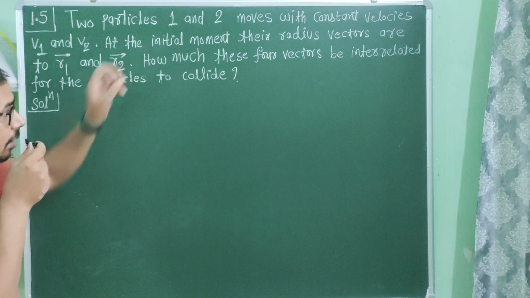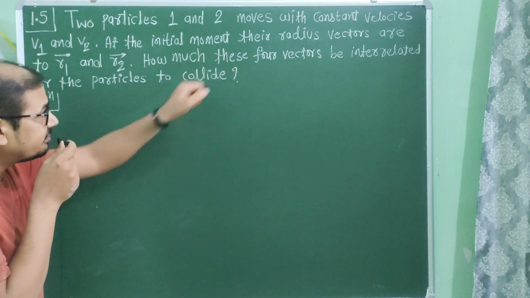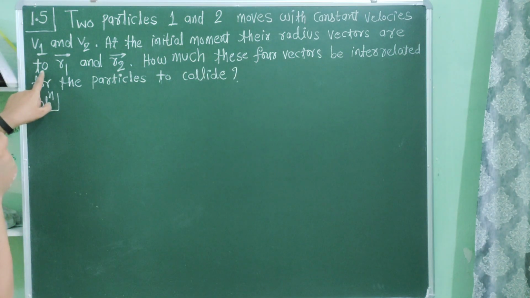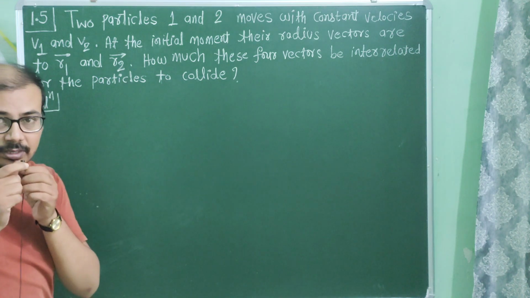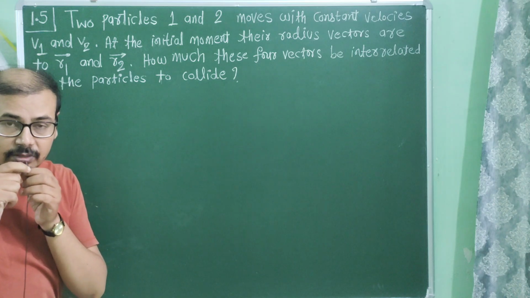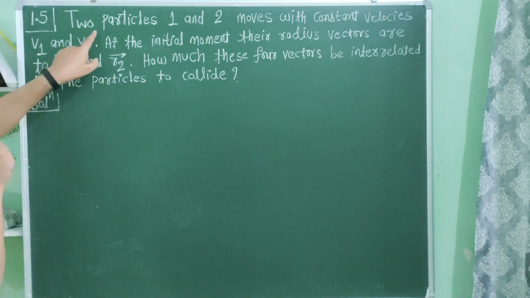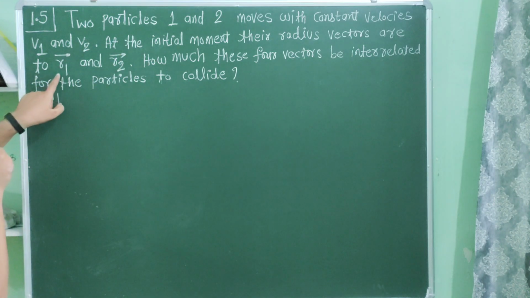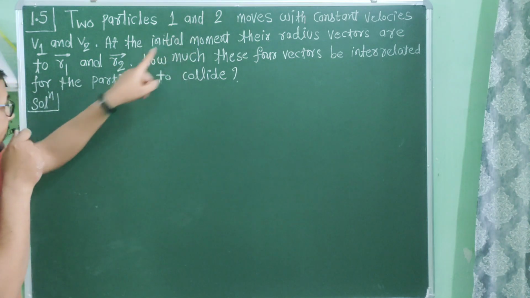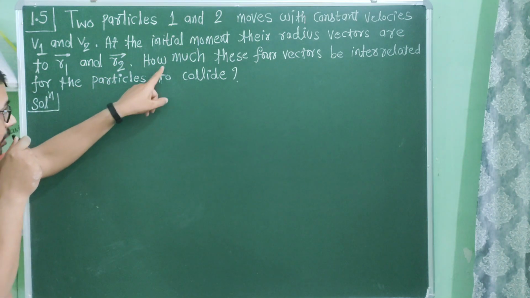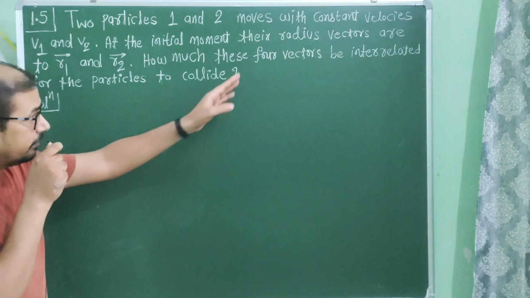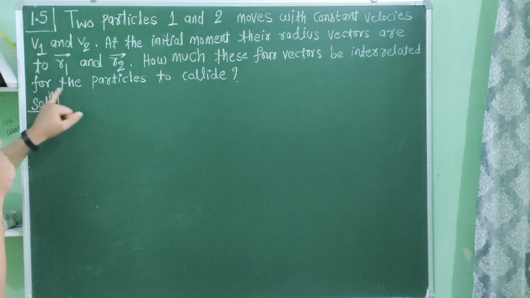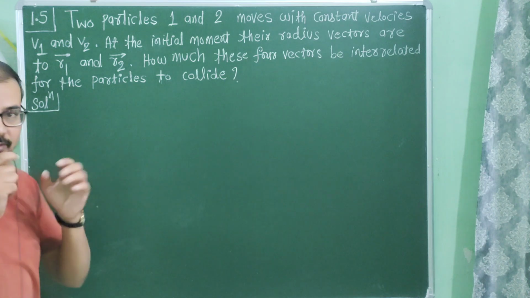At the initial moment, their radius vectors are r1 and r2. Radius vector at t equal to 0, radius vector of particle first is r1 and particle second is r2. How must these four vectors be interrelated for the particles to collide?